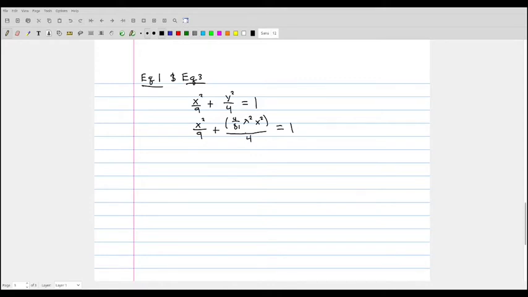When we divide by 4 here, the 4's cancel out. And I can also factor out an x squared, and you can factor out a 9 as well: x squared over 9 times 1 plus lambda squared over 9 is equal to 1, or x squared over 9 is equal to 1 over 1 plus lambda squared over 9.